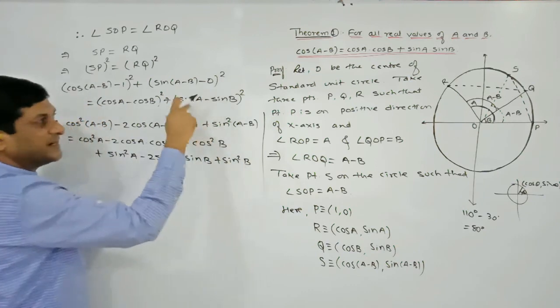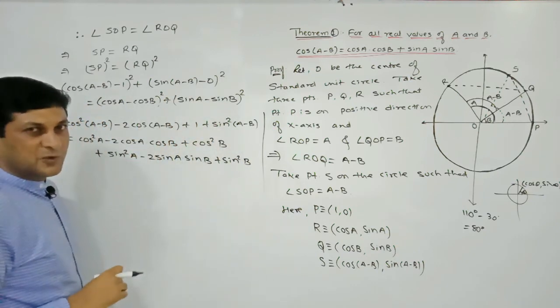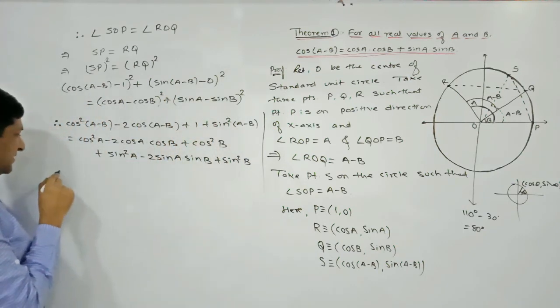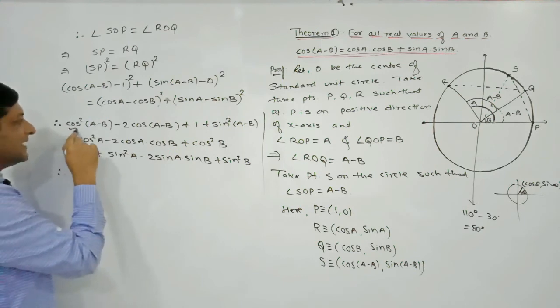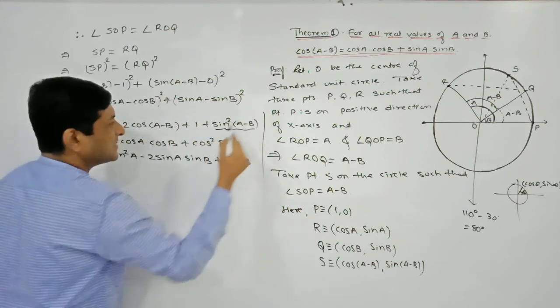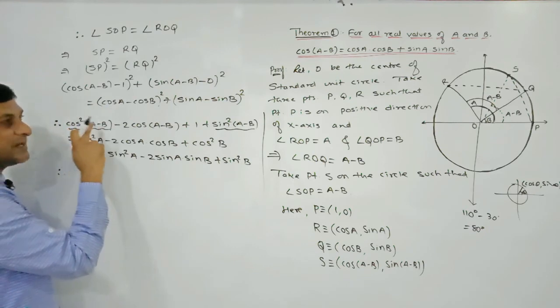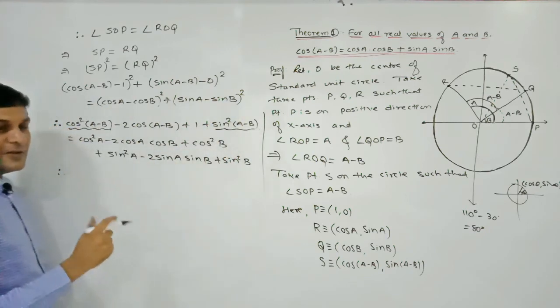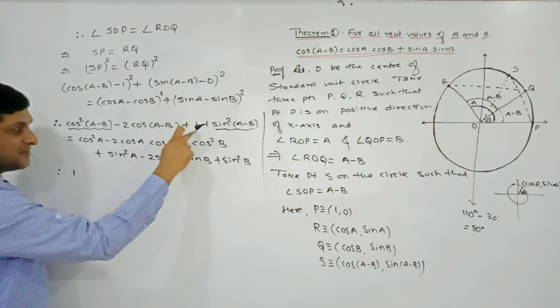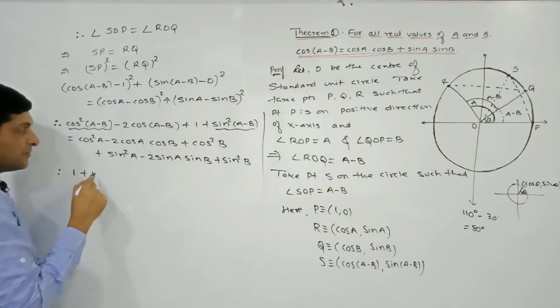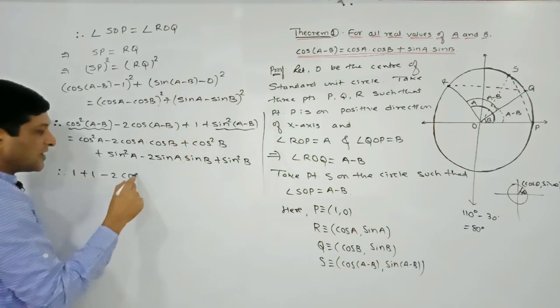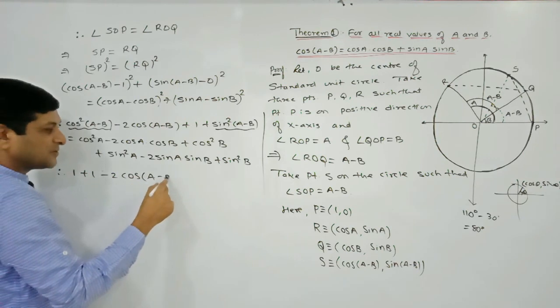Just simply we are finding its expansion using the (a minus b) whole bracket square formula. Now collecting these two terms in the form of cos square theta plus sin square theta, which will be equal to 1. Then keep this 1 as it is, minus 2 cos(a minus b) also as it is.